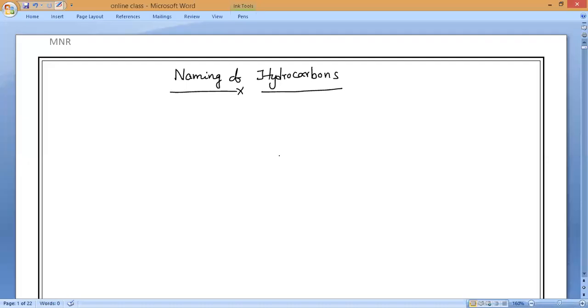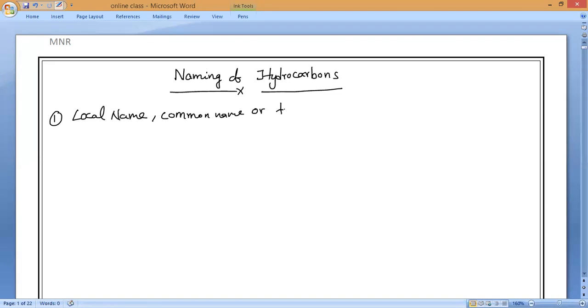Naming of hydrocarbons, or nomenclature of hydrocarbons. For every organic compound, as we are studying in this chapter, we must know the local name, or also we can say the common name, or the trivial name.